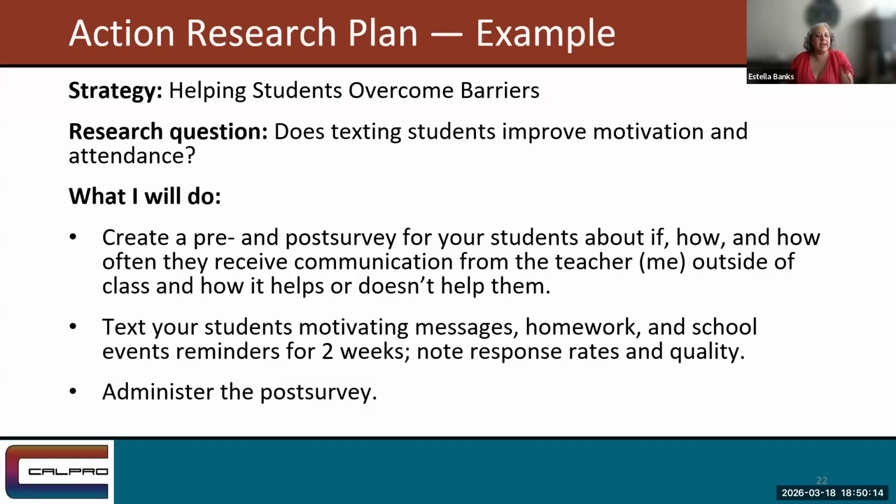I will create a pre and post survey for our students about if, how, and how often they receive communication from their teacher, which would be me, outside of class, and how it helps or doesn't help them. Text your students motivating messages, homework, and school event reminders for 2 weeks. Note the responses, the response rates, and quality. Then administer the post survey.